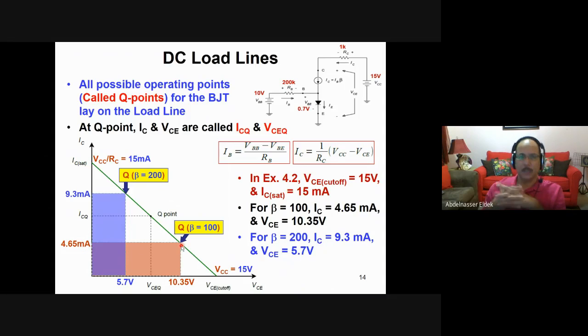You can notice that when you change beta, the operating point is changing a lot. There's a big difference. You see, the voltage here is 10, the voltage here is 5.7. It's almost double. And here the current is 4.65, the current here is 9.3. Double. So this is a problem in this biasing system.